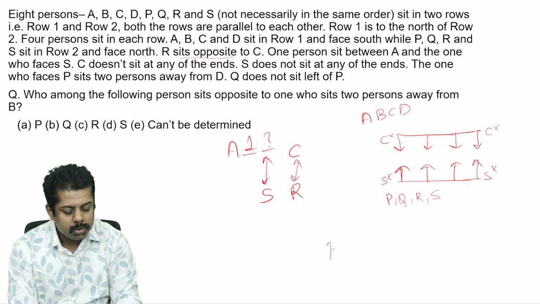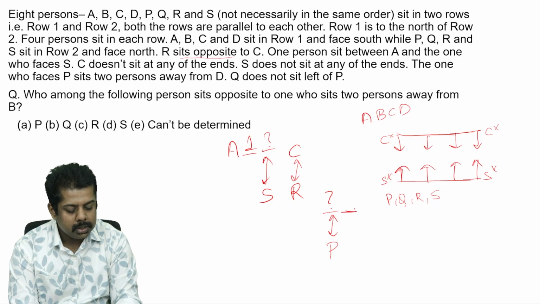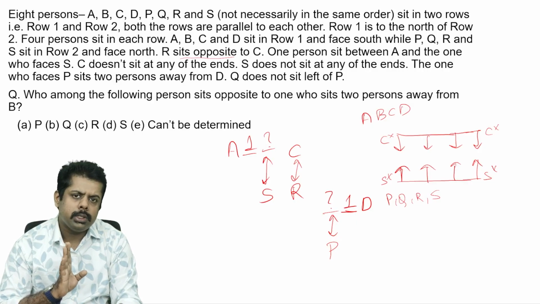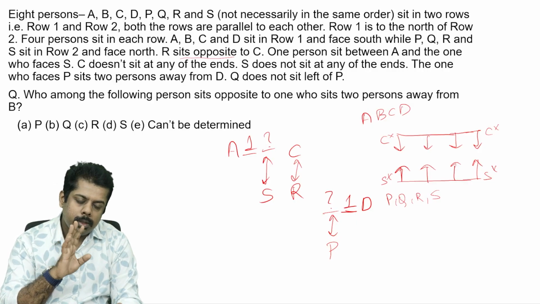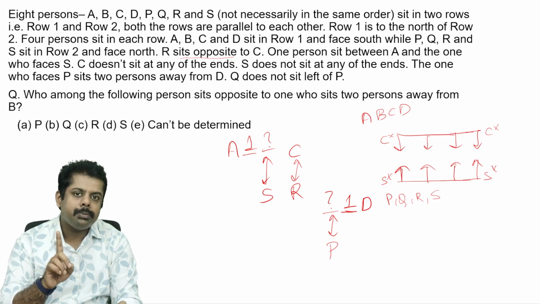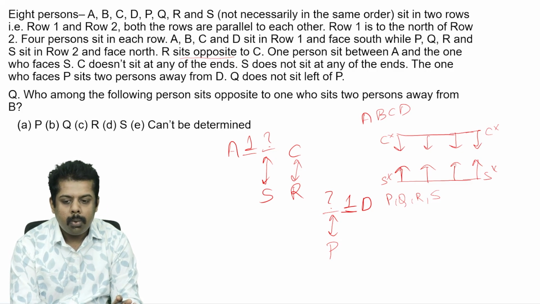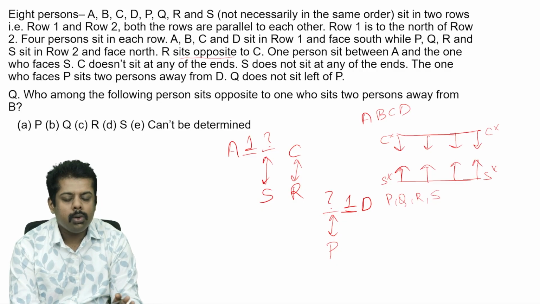The person who is facing P, we don't know who that person is. So that person sits 2 places away from D. 2 places away means that between D and that unknown person, only one person is there. That is the point that we have to understand.